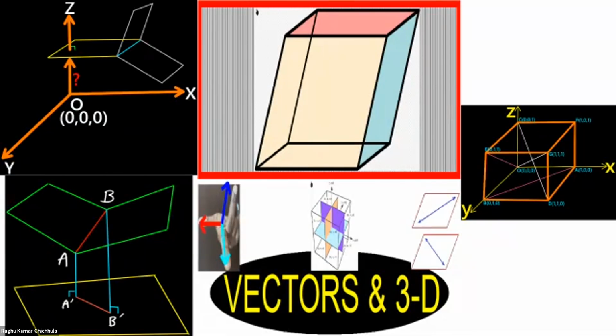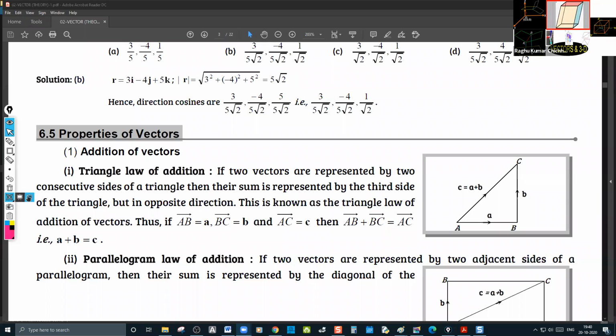Then we call it the coplanarity. If the 4th point D is not lying on the plane, then we say that these 4 points are non-coplanar.